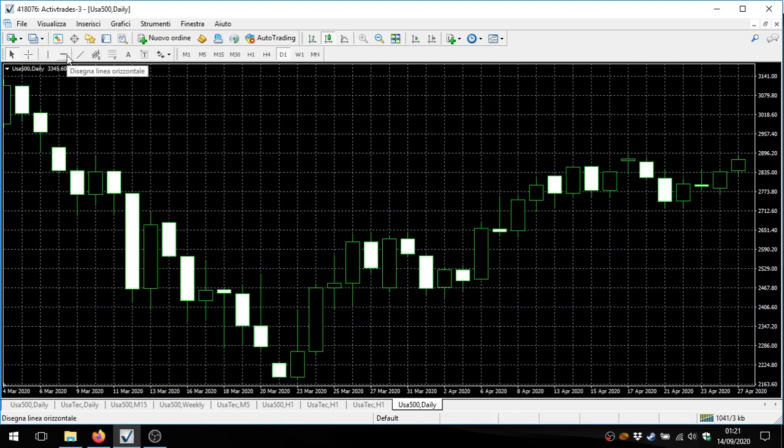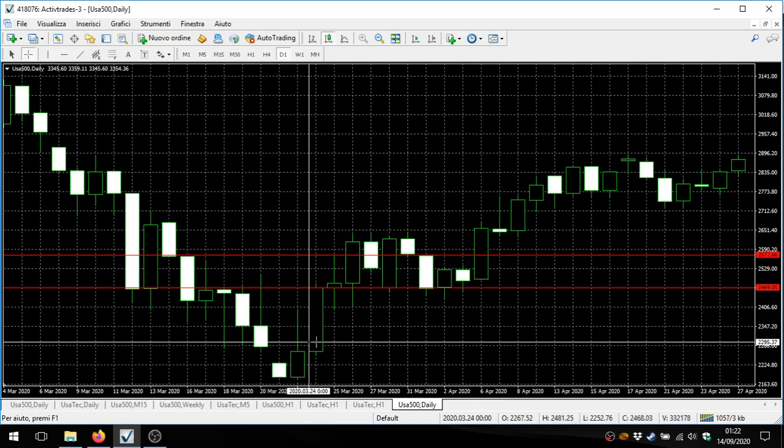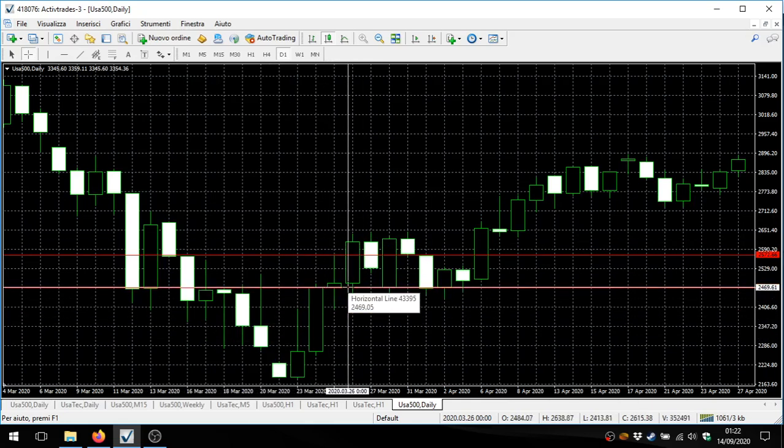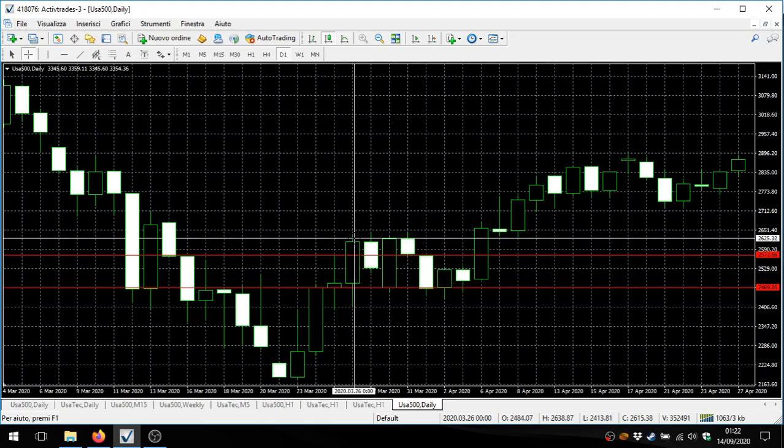So what I did back then was this: I take the open of this candle, here, and I took the higher range of the shadow. As you can see, in the coming days we had the open of the next day inside this area, and the price started to grind higher.